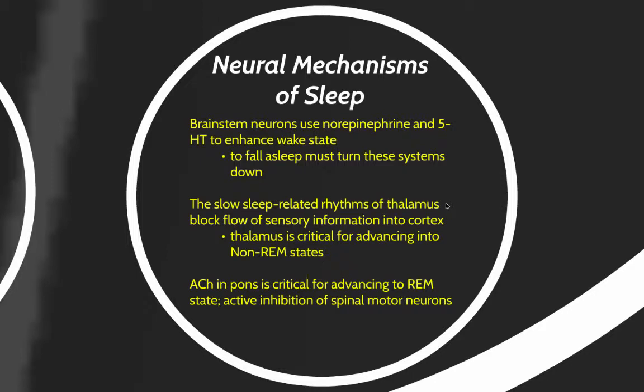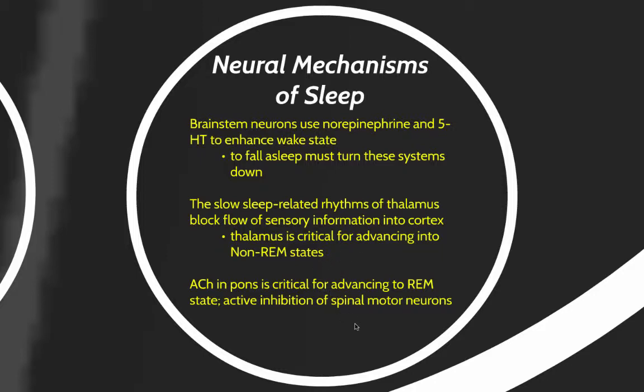So turning the neural activity down here will block the flow of sensory information, causing us to not be able to perceive the presence or actions in the external environment. The thalamus is critical for you to advance into non-REM states.